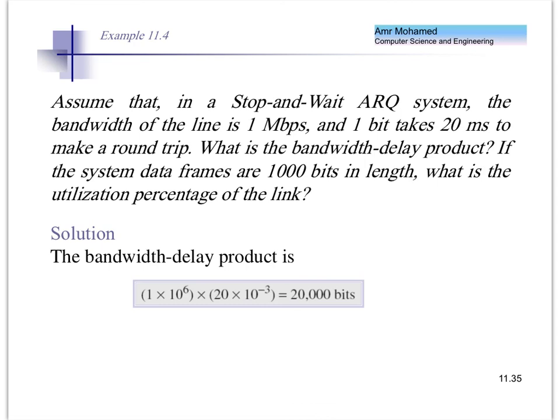All right. So the last thing we have to bear in mind here is that we go back to the concept of bandwidth delay product, and as we said before, bandwidth delay product measures the amount of bits that can fill the line during a specific time.